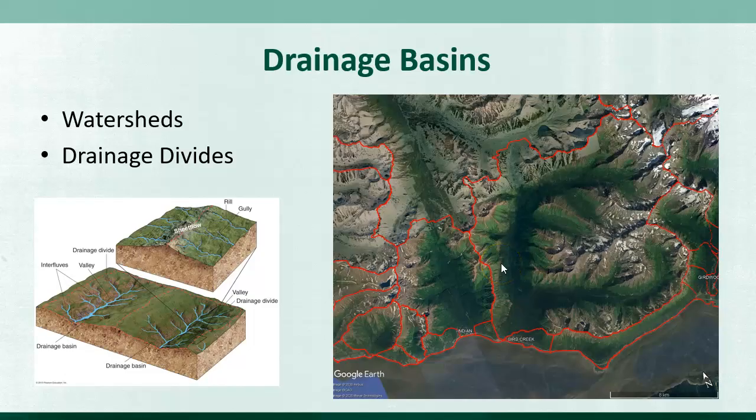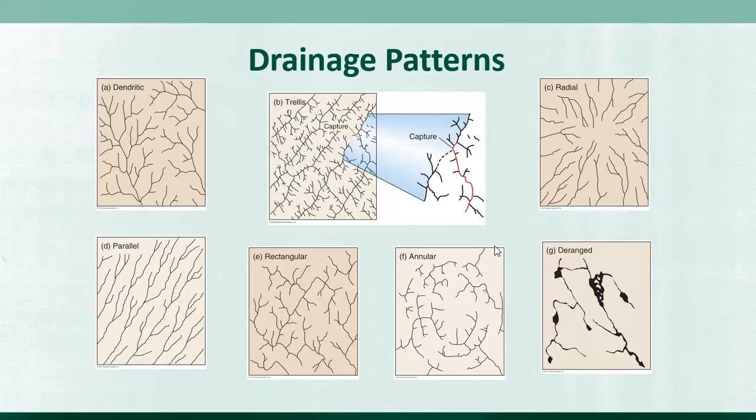In addition to creeks having watersheds and drainage divides, they also have drainage patterns, and those patterns can tell us a lot about what's happening underneath on the ground as the water flows, either geologically or in terms of its slope, or what might have happened relatively recently in geological history, like the ice ages that often produce deranged drainages like this.